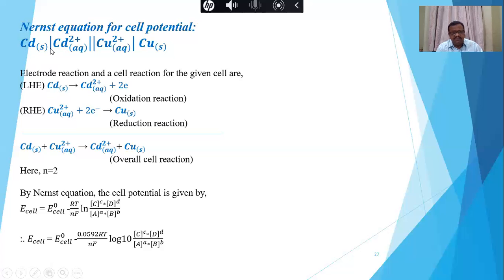The left hand side is cadmium and the right hand side is copper. So the electrode reactions of the cell reactions for the given cell are as follows.